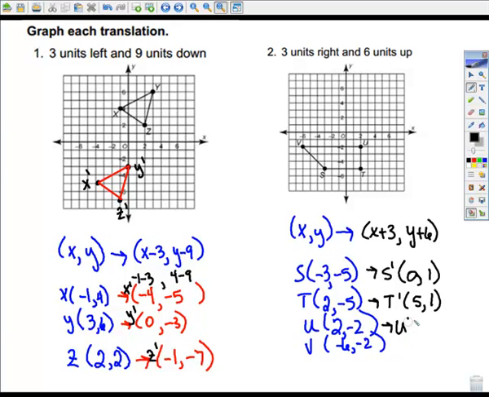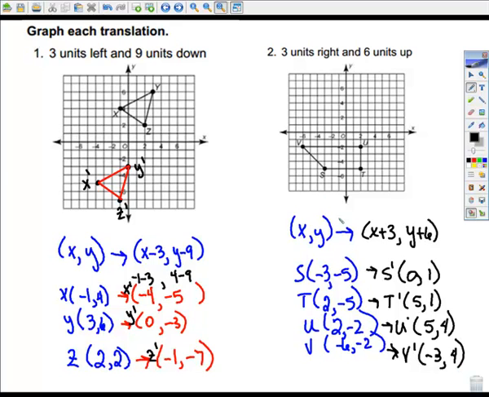And u prime, 2 plus 3 is again 5. -2 plus 6 is 4. And v prime, -6 plus 3 is -3. And again, -2 plus 6 is 4.